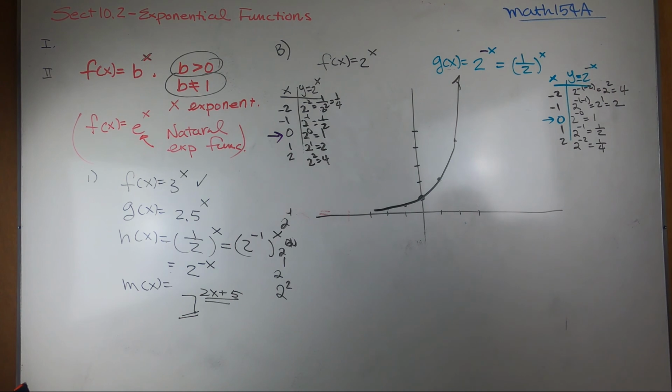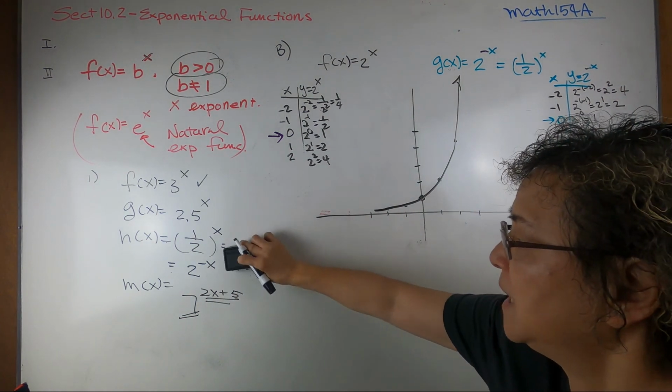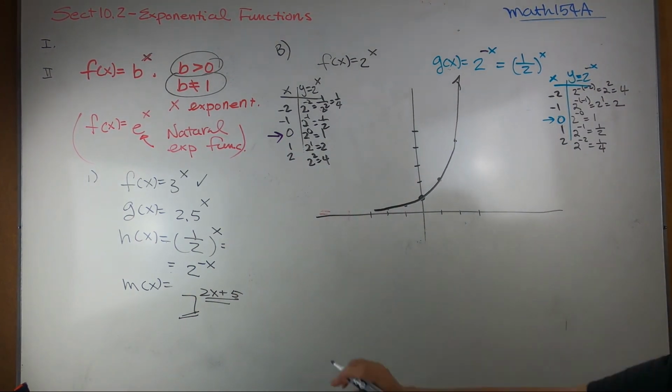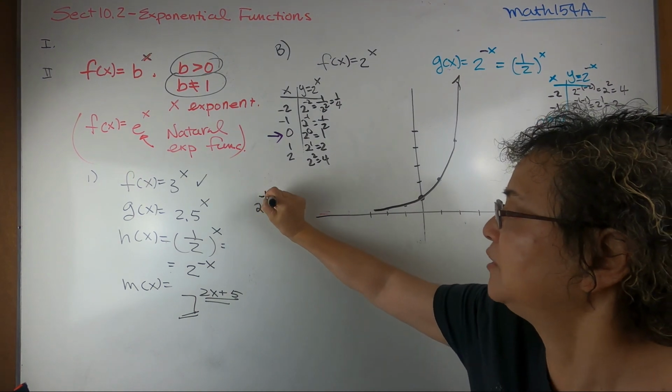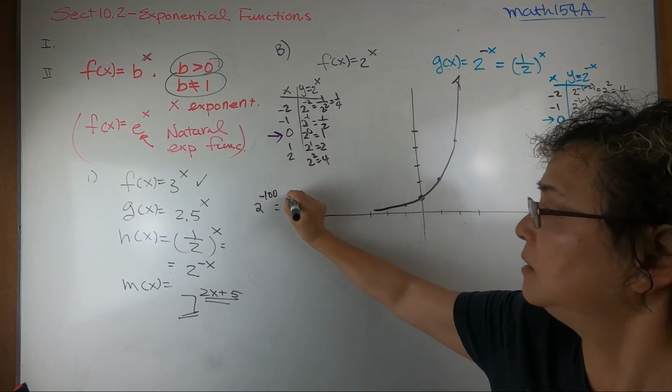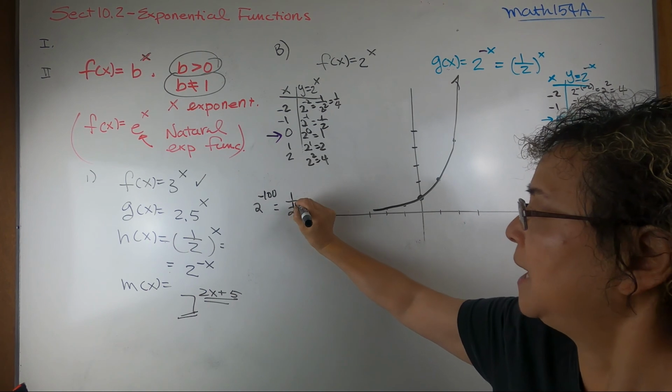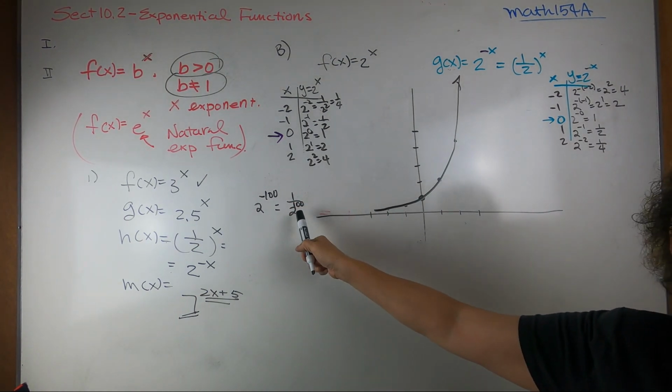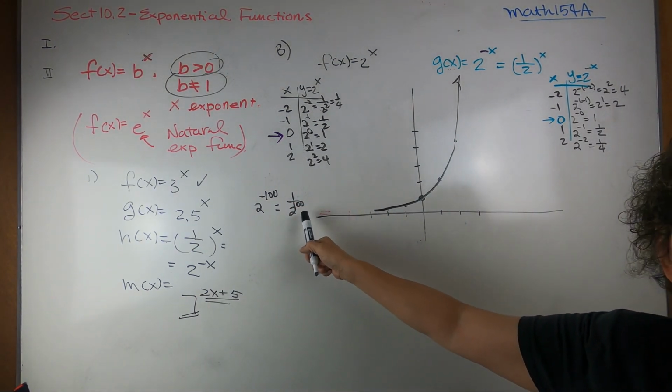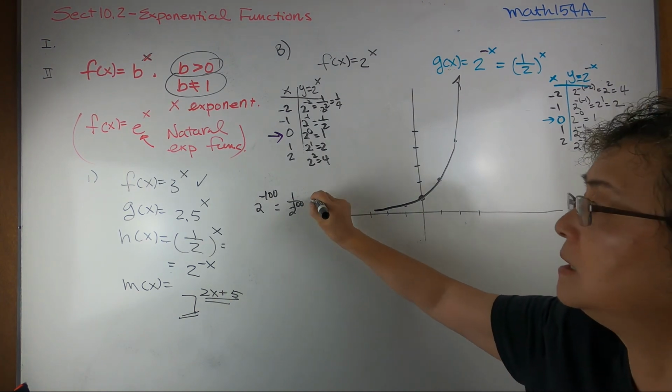Right? However, what is 2 to the negative 100 power? It's 1 over 2 to the 100 power. It's a very tiny number, right? But it's still what? Positive.